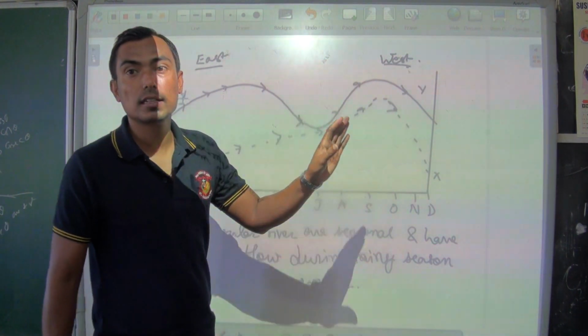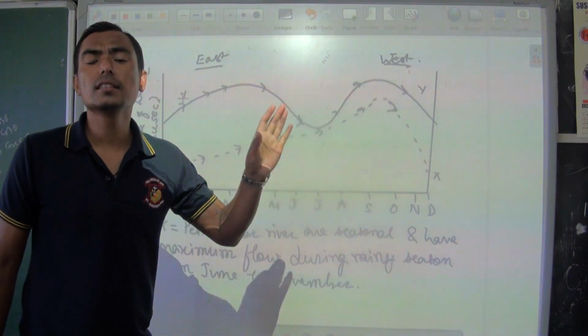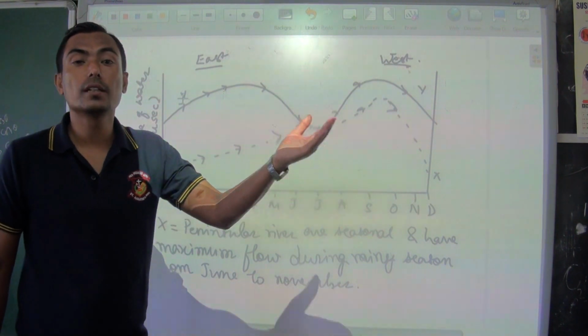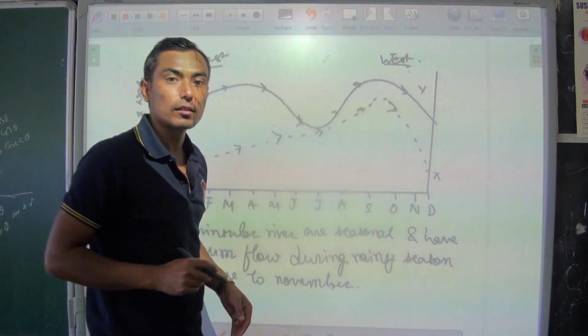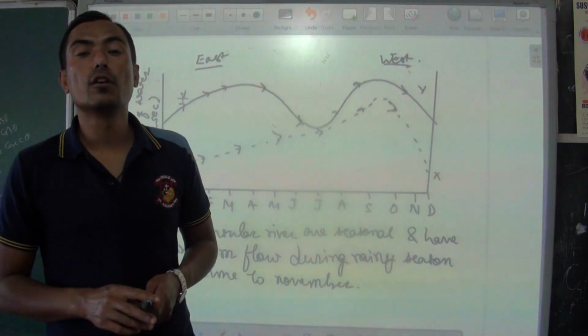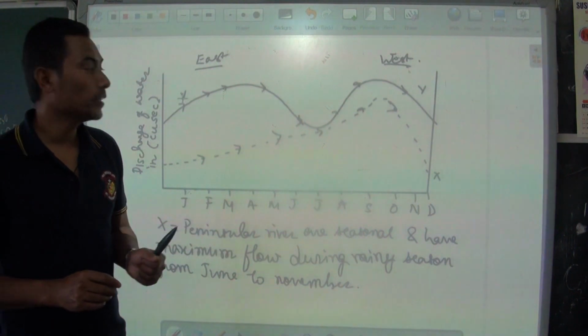But as the summer season ends, the southwest monsoon wind arrives. It results in a higher flow of water because of the excessive rainfall over the northern parts of India.